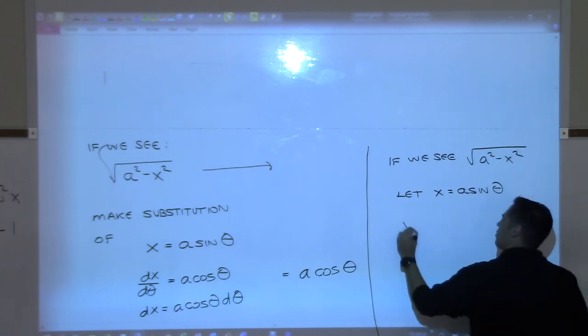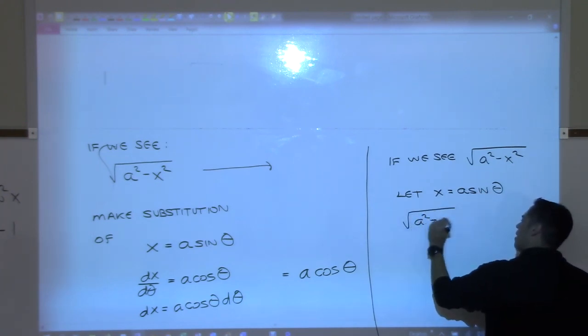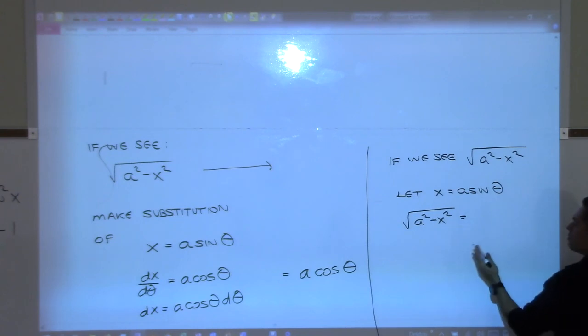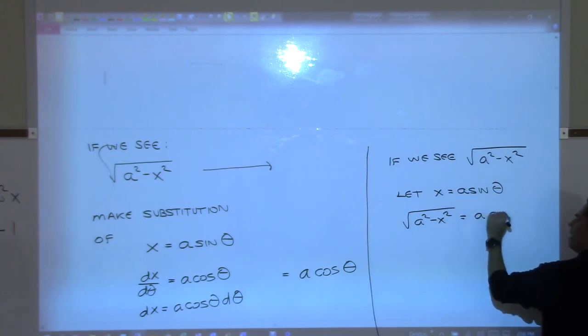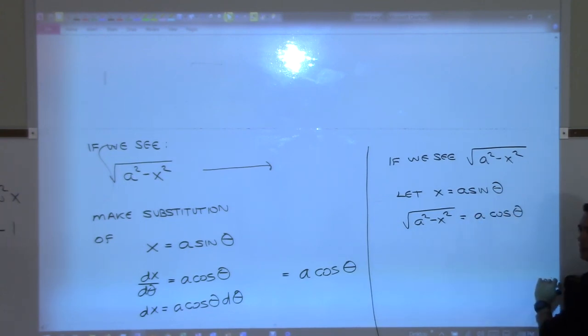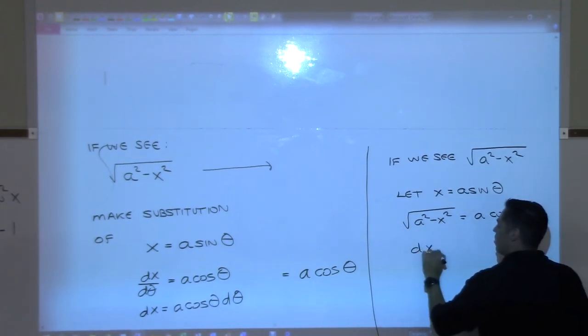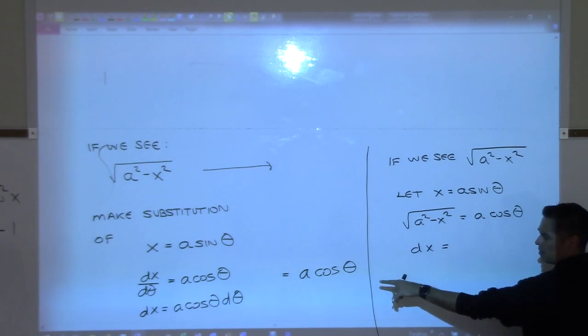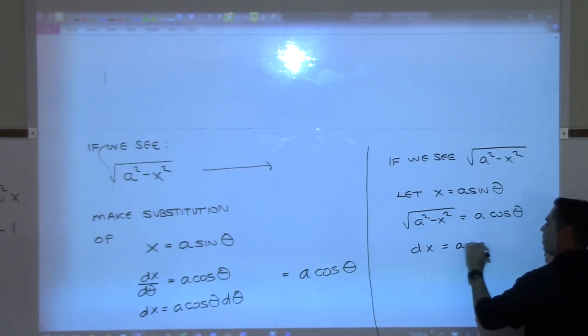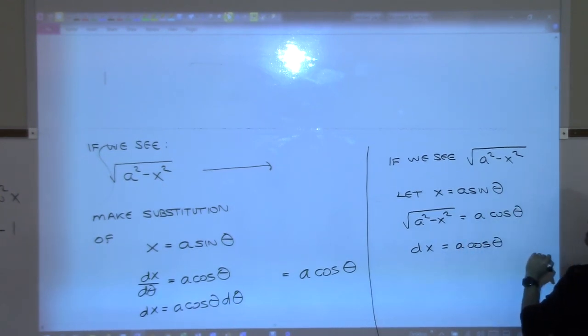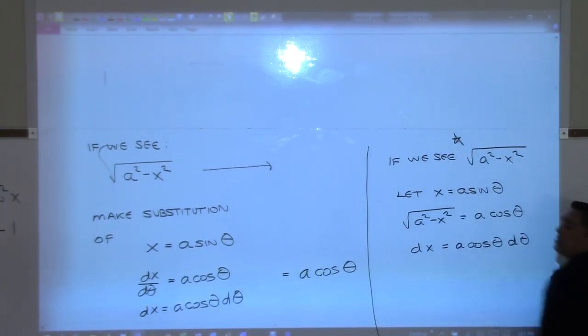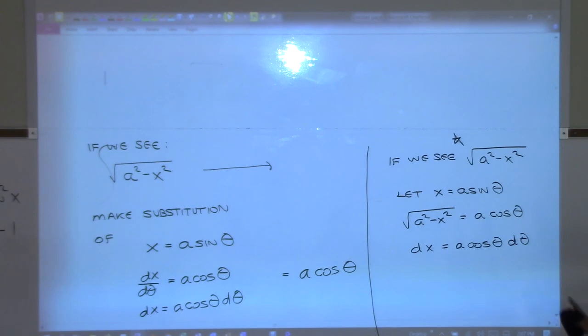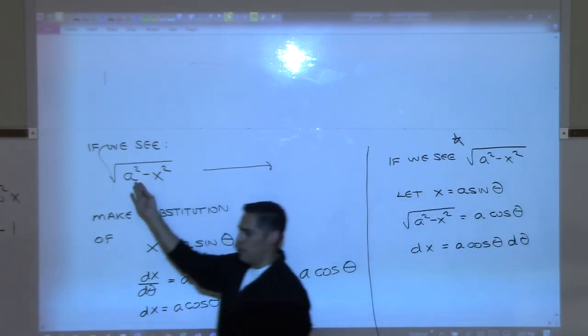Then we know that the square root of a squared minus x squared, if we algebraically simplify it, turns into a cosine theta. We showed it, didn't we? And that'll happen every single time. And we know that dx can be replaced with a cosine theta d theta.